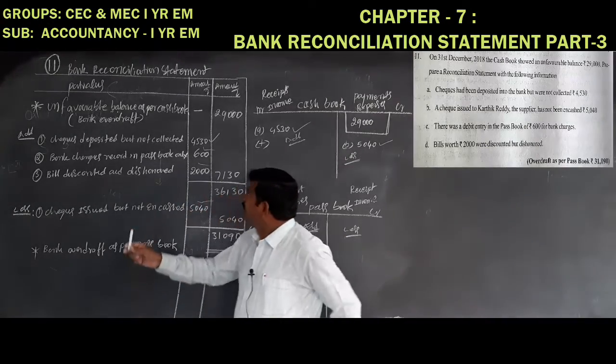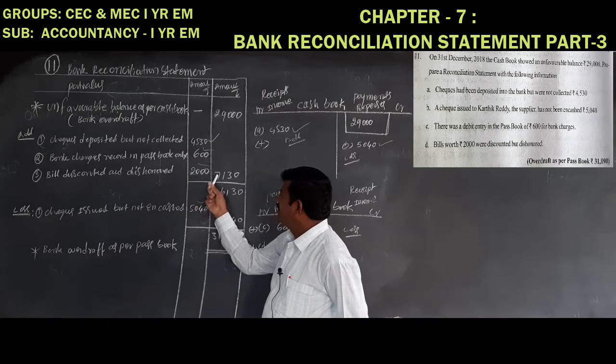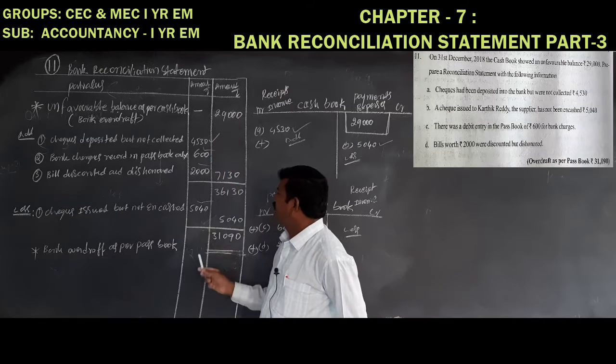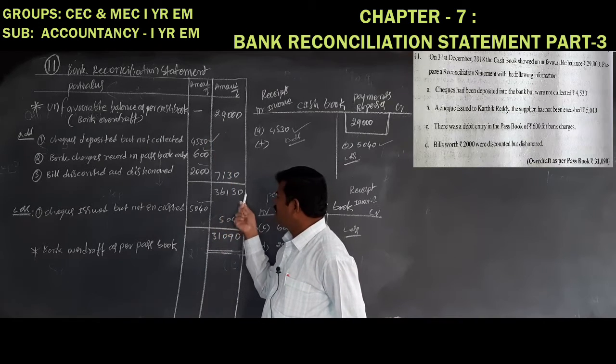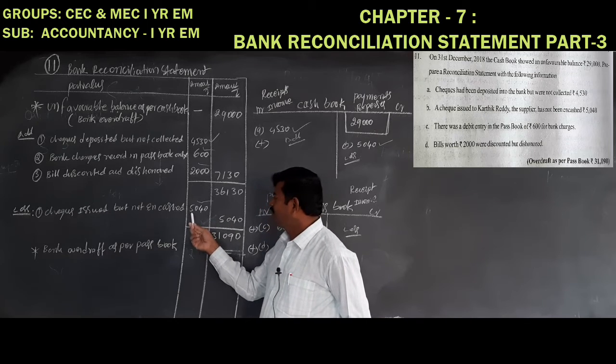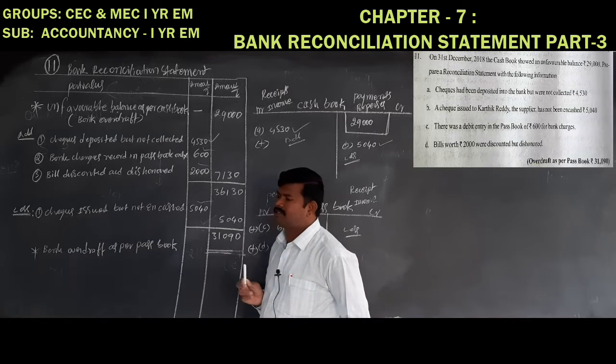Next, first total them. The total of this one is 7,130 rupees, add 29,000, 36,130, minus or deduct from that 5,040 rupees, we get 31,990 rupees.